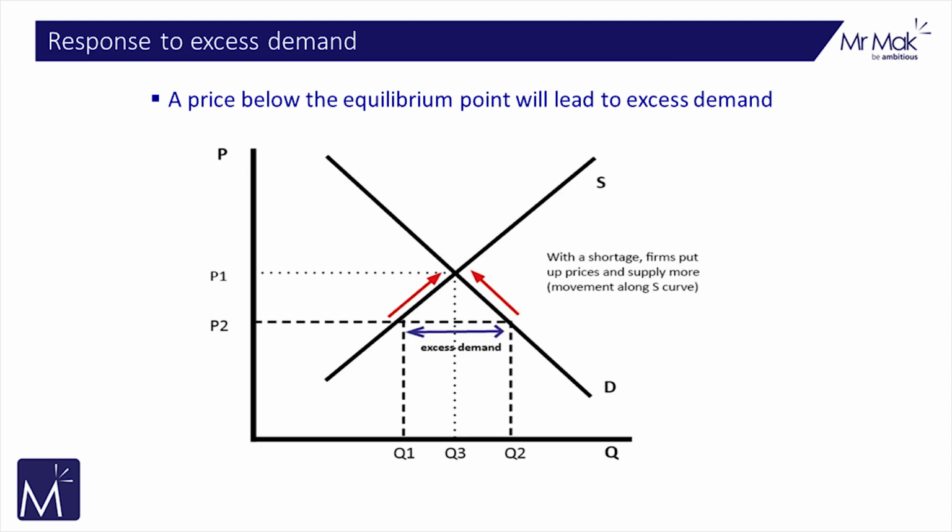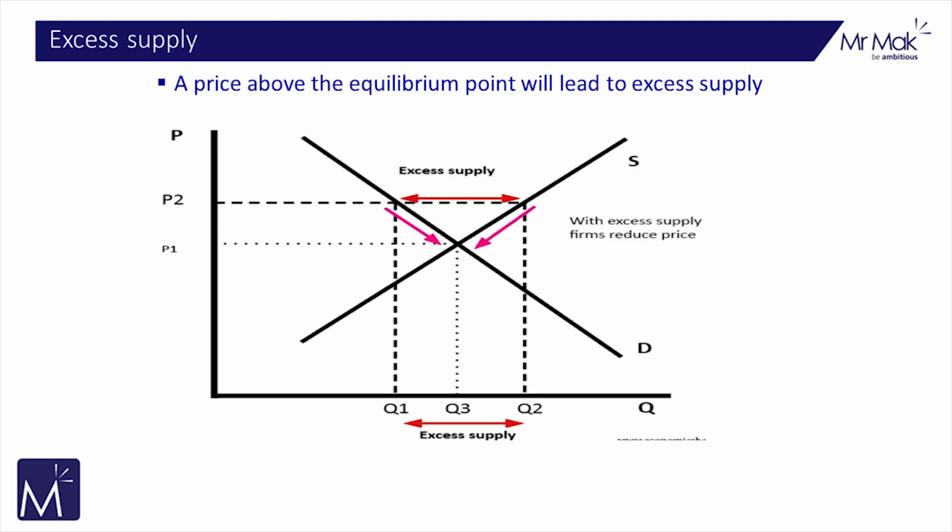What happens in a situation where there is excess supply? Fundamentally, as you can see from the diagram, excess supply is a price above the equilibrium point. Producers produce a lot more, resulting in too much product in the market.